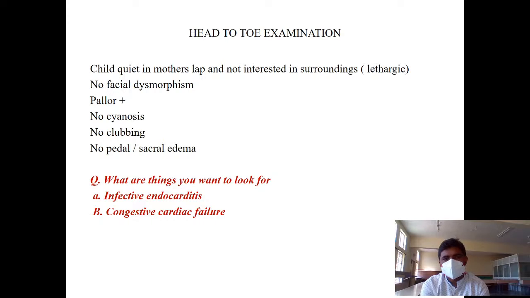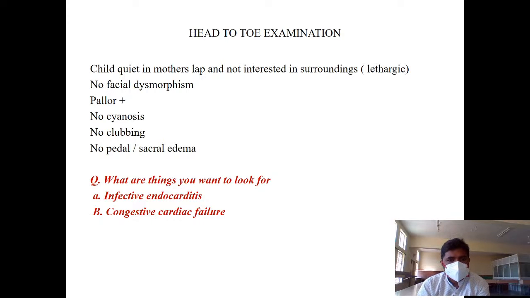Cyanosis can add to your diagnosis and can give you information about any associated complications, like a left to right shunt becoming a right to left shunt. And clubbing can tell whether it is congenital cyanotic in nature, or else the child might be having subacute infective endocarditis, and edema suggests CCF.